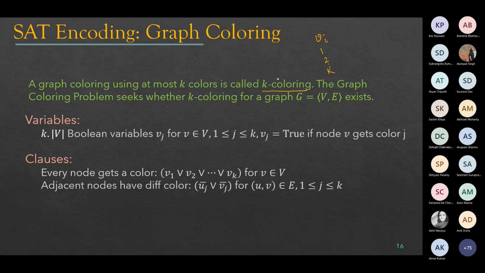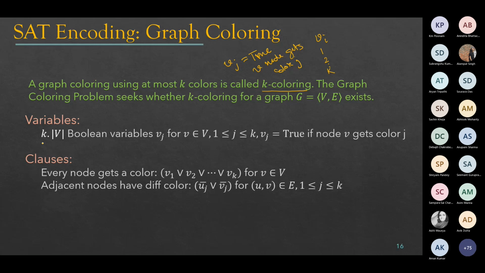Now we define a variable Vj, which we will set to true if this node V gets color J. Then we set it to be true, otherwise we set it to be false. So how many variables in total we will be having in a graph having say V nodes?